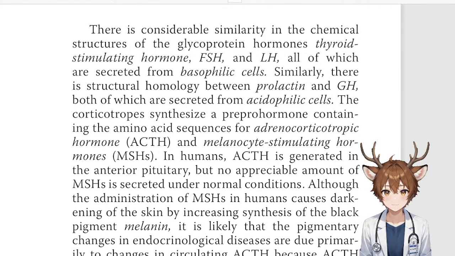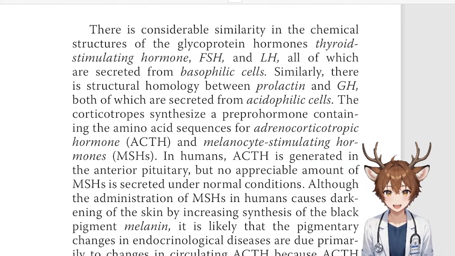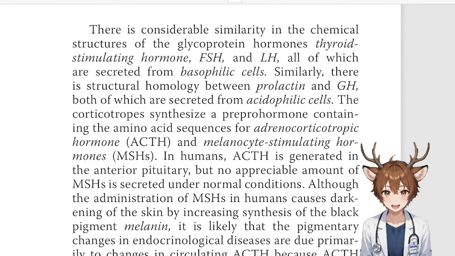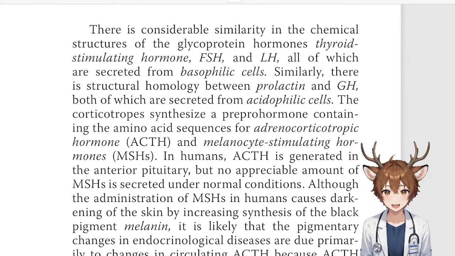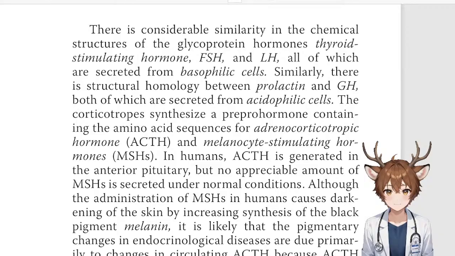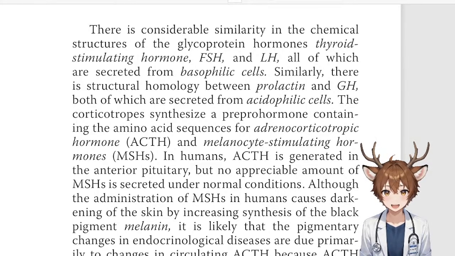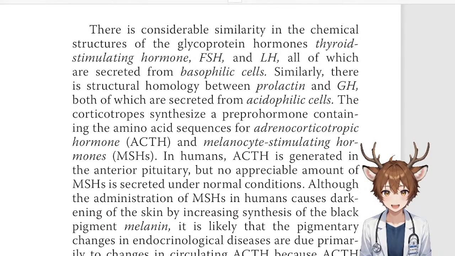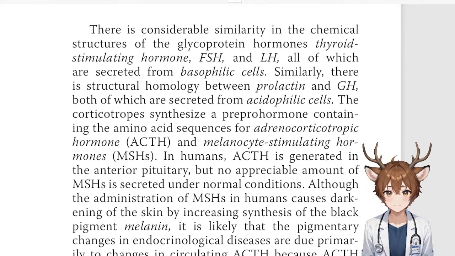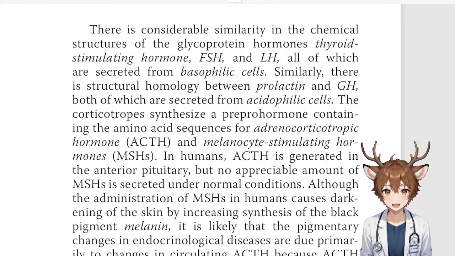The corticotropes synthesize a pre-pro hormone containing the amino acid sequences for adrenocorticotropic hormone, ACTH, and melanocyte-stimulating hormone, MSH. In humans, ACTH is generated in the anterior pituitary, but no appreciable amount of MSHs, or these melanocyte-stimulating hormones, are secreted under normal conditions.